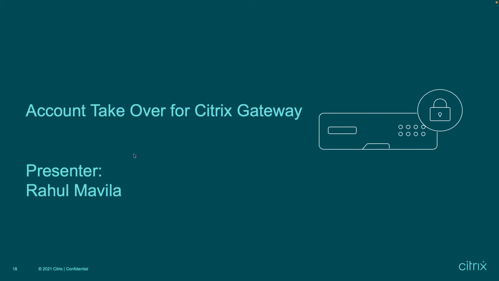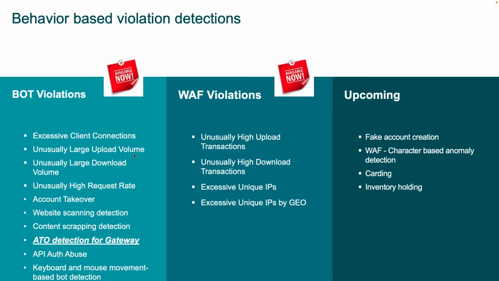Now, we have gone over the various AI ML based AppSec protections that we have on our ADM service in our monthly webinars earlier this year. These included advanced bot and WAF protection, such as detecting excessive client connections, detecting unusually large download or upload volume or transaction of content, detecting web account takeover, detecting content scraping sessions, and many, many more.